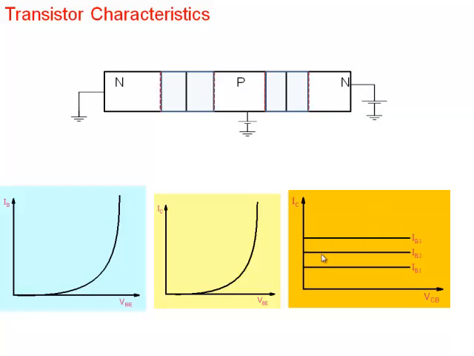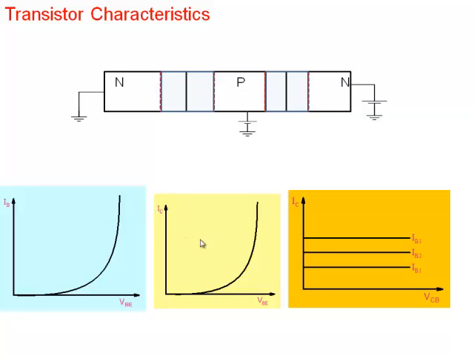So I've denoted it by straight lines here. So this is the transistor that I get: base current relationship with base emitter voltage, collector current's relationship with base emitter voltage, and collector current's relationship with collector base voltage.